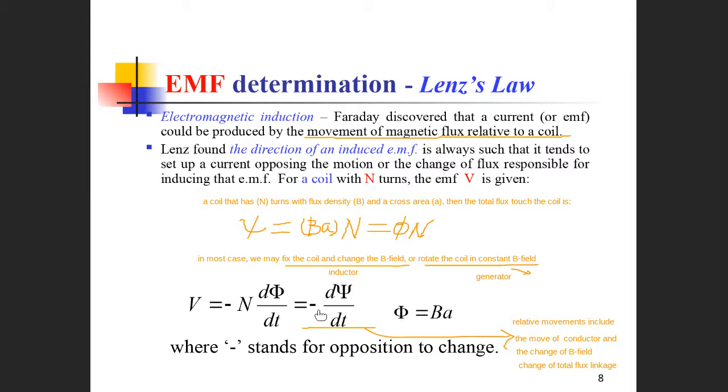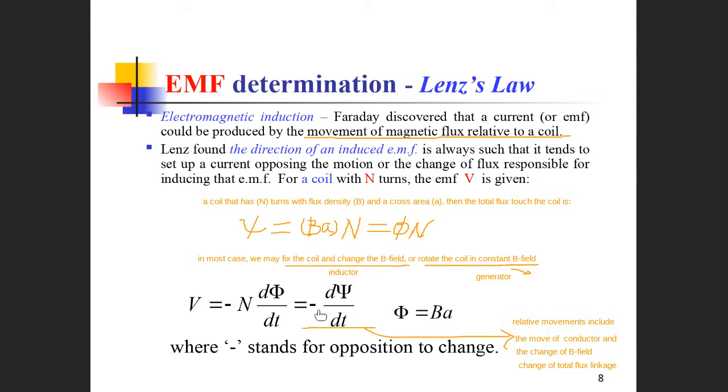In other words, the direction of the induced electromotive force is always such that it tends to create a current opposing the change of flux responsible for inducing the electromotive force.